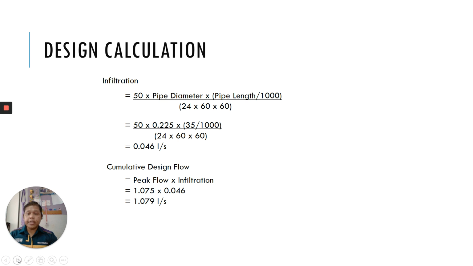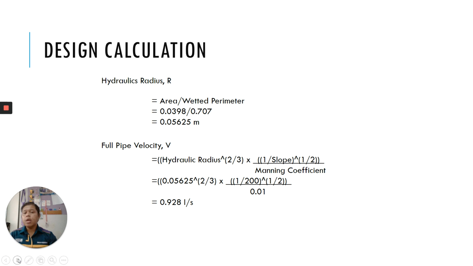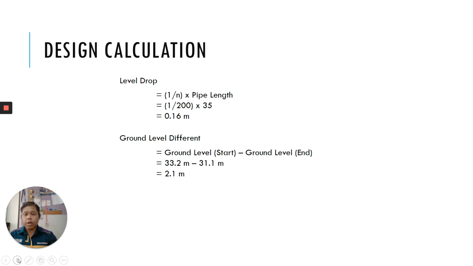So this is infiltration equal to 50 times the pipe diameter times the pipe length over 1000, divided by 24 hours times 60 minutes times 60 seconds. So you'll get the answer. And then the cumulative design flow is equal to the peak flow plus the infiltration. The hydraulic radius is equal to area over wetted perimeter. For the full pipe velocity, just follow this equation. And then the level drop.